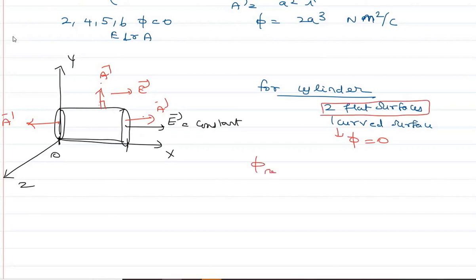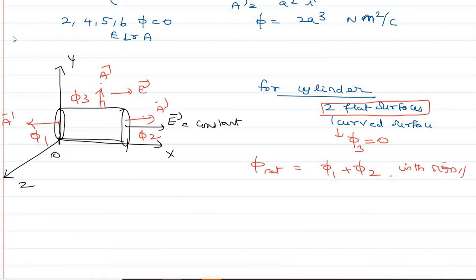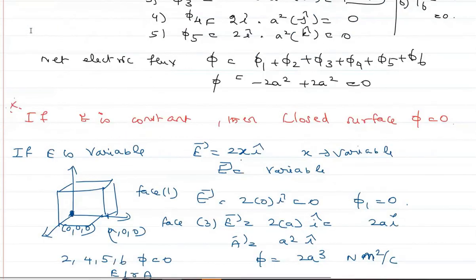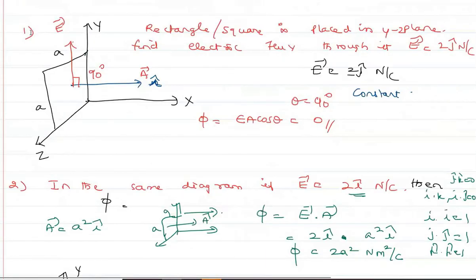So the net flux, if this is area 1, this is area 2, and area 3, phi 3 will be 0. It will be nothing but phi 1 plus phi 2 with a sign. It is not a vector, but inward flux and outward flux are there. So I think I explained all these flux.